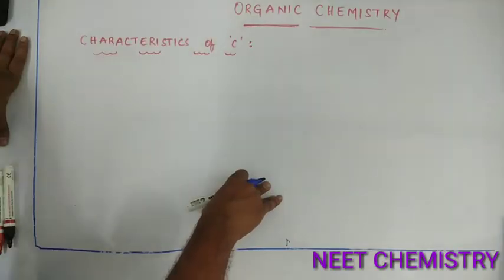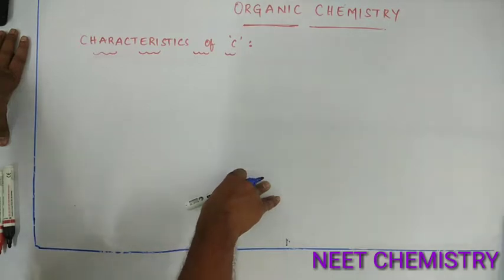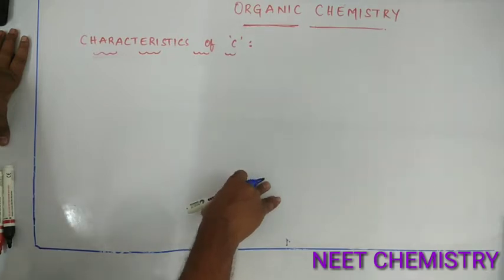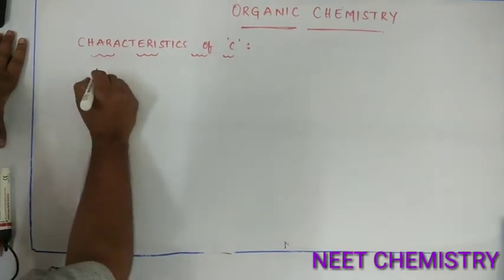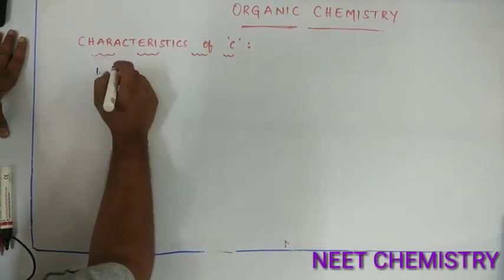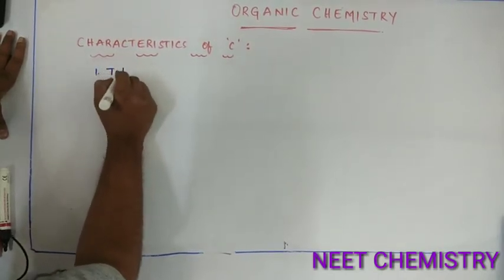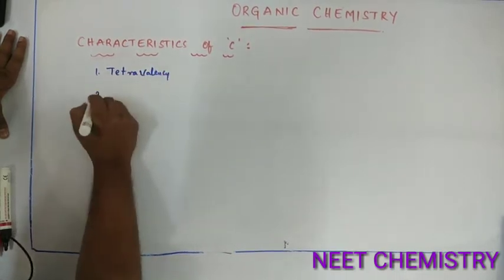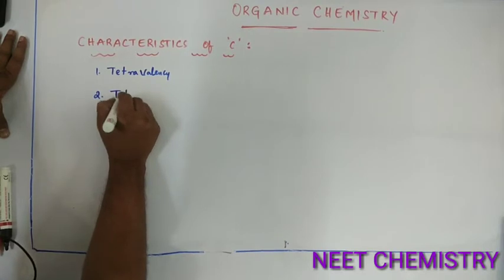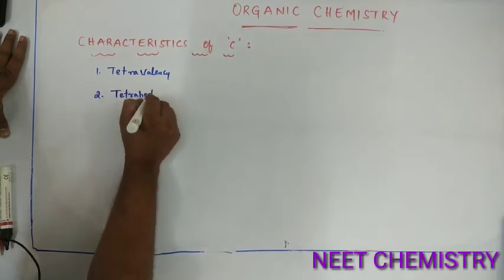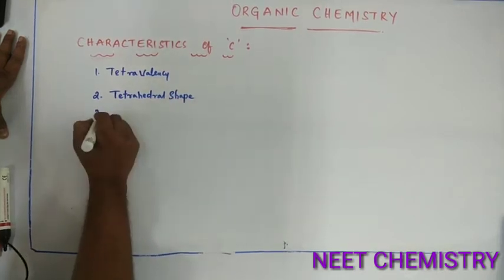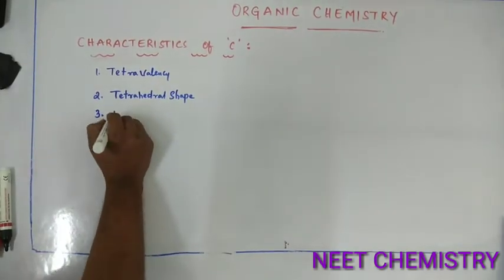Characteristic properties of carbon. Carbon has certain characteristic properties by which it forms many organic compounds. What are they? First one is tetravalency. Second one, tetrahedral shape. Third one is multiple bonds.